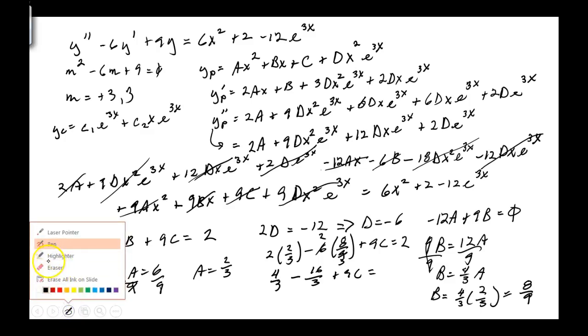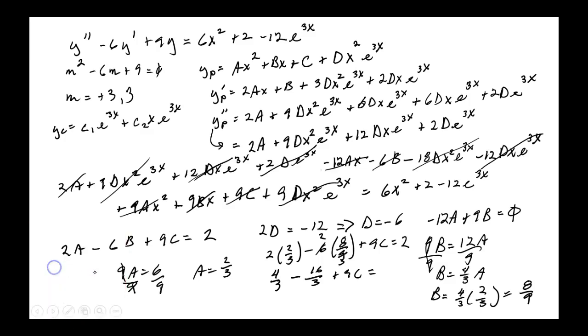Would you be okay with that? Okay, plus 27/3 c, and that's equal to 6/3, which is 2, right?